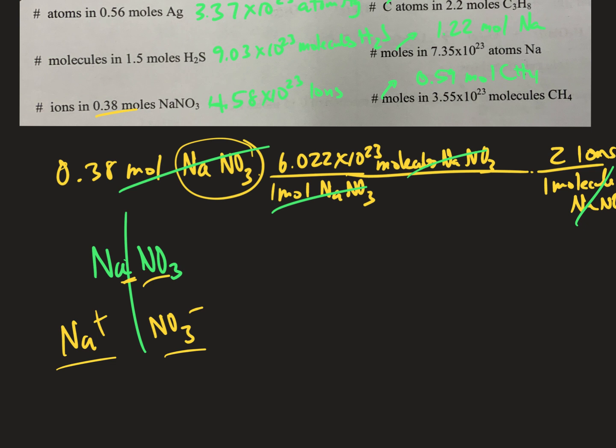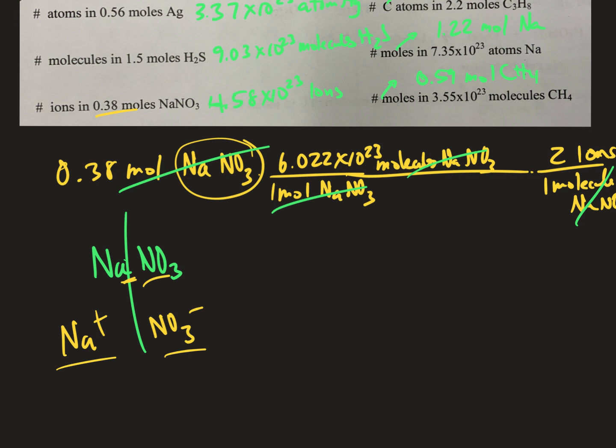So just for my notes, the formula is always going to be 6.022 times 10 to the 23rd power equals 1 mole, no matter whether it's an atom, a molecule, an ion. That's always going to be the formula. That's right.